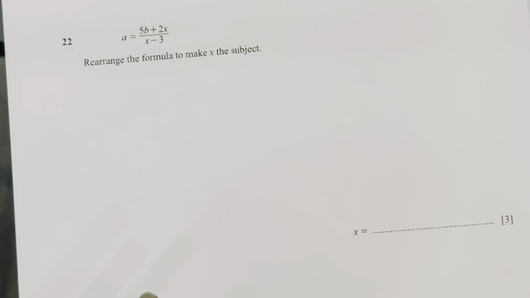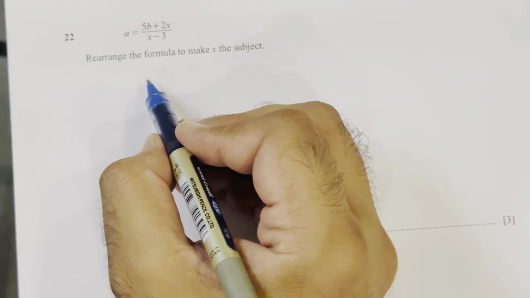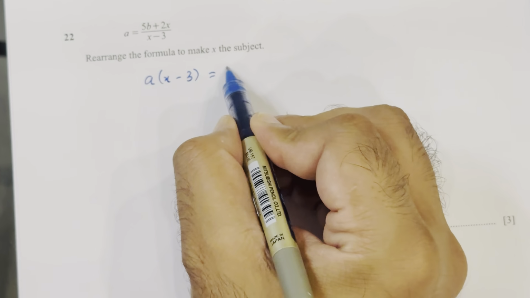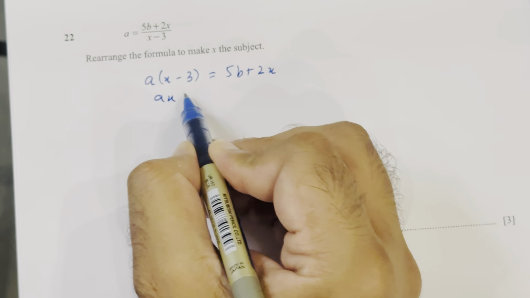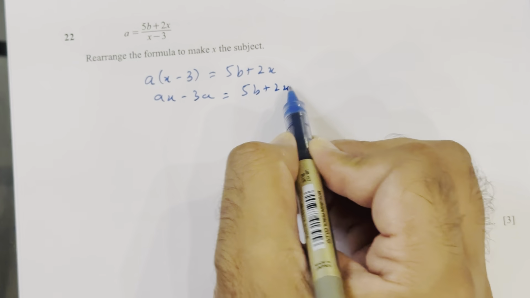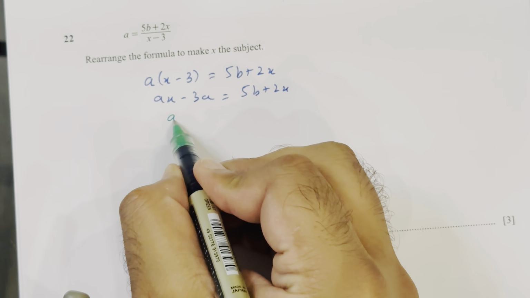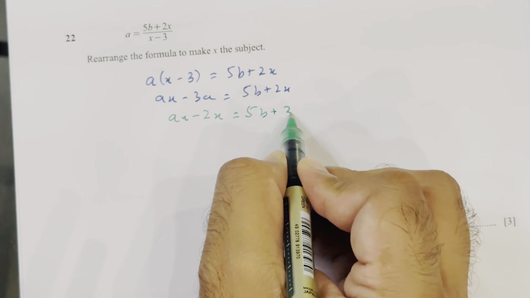Moving to question number 22, rearrange the formula to make x the subject. So you need to cross multiply a into x minus 3, then 5b plus 2x. It would be ax minus 3a is equal to 5b plus 2x. Now you need to take all the values of x at the left hand side. It would be ax minus 2x, equal to 5b plus 3a.